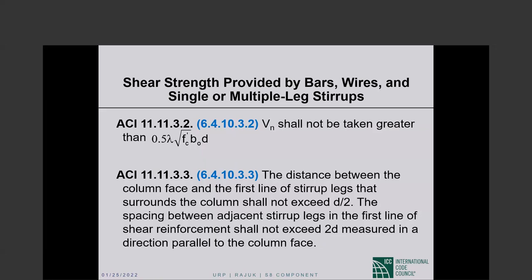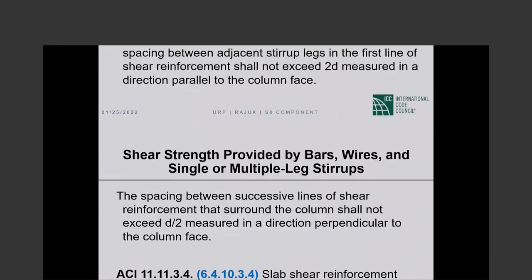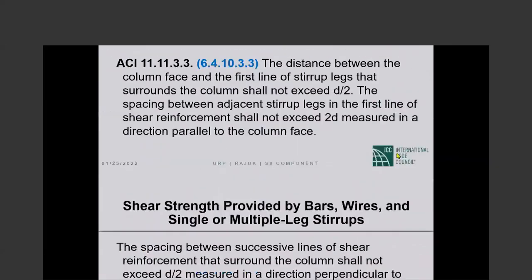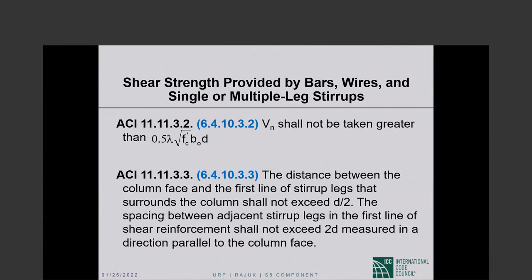Okay. Then there are quite a few details given of the shear reinforcement. The distance between the column face and the first line of stirrup legs that surround the column shall not exceed d over 2. So this distance shall not exceed d over 2. I don't know that I need to go pictures, but okay.